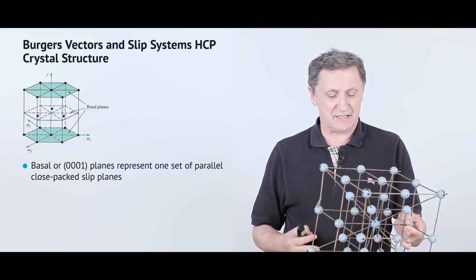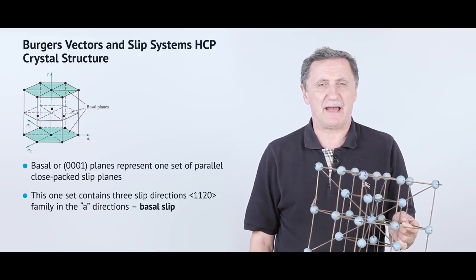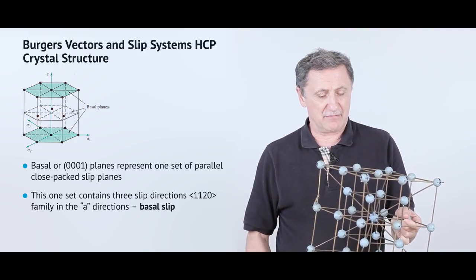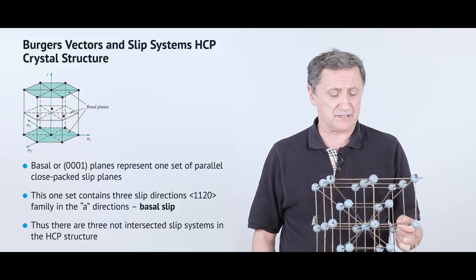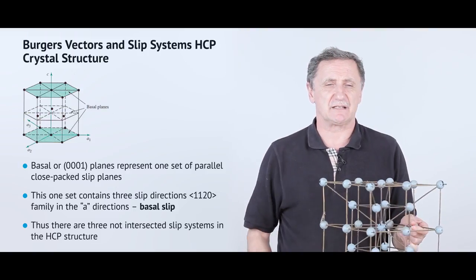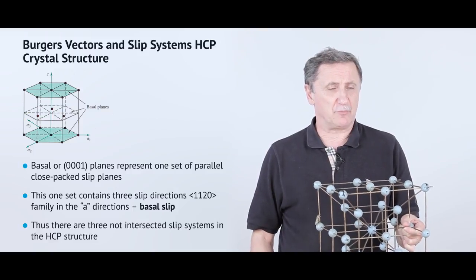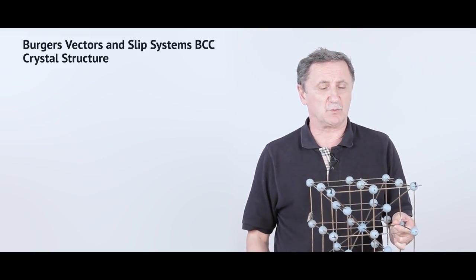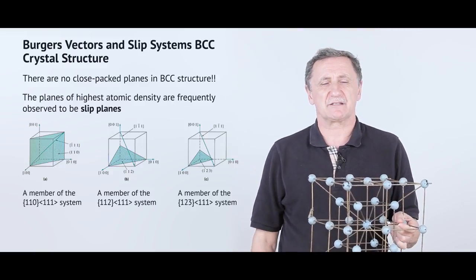If we look at the BCC system, a BCC system does not have any close packed planes. However, this system, of course, does have planes and directions with the highest atomic density. For example, the 110 plane and the corresponding 111 direction here, or some others shown on this screen.